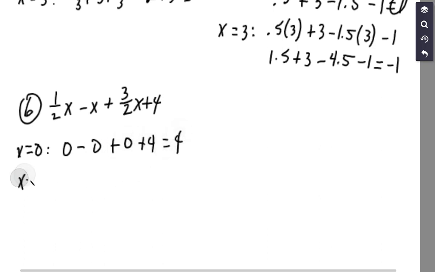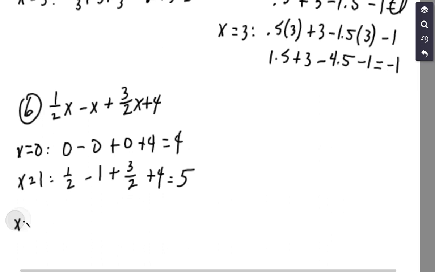And then if x is 1, that's going to be 1/2 times 1 is 1/2 minus 1 plus 3/2 times 1 is 3/2 plus 4. Yeah, okay, so that's actually going to be 5. When you put that in the calculator, that is going to give you 5.